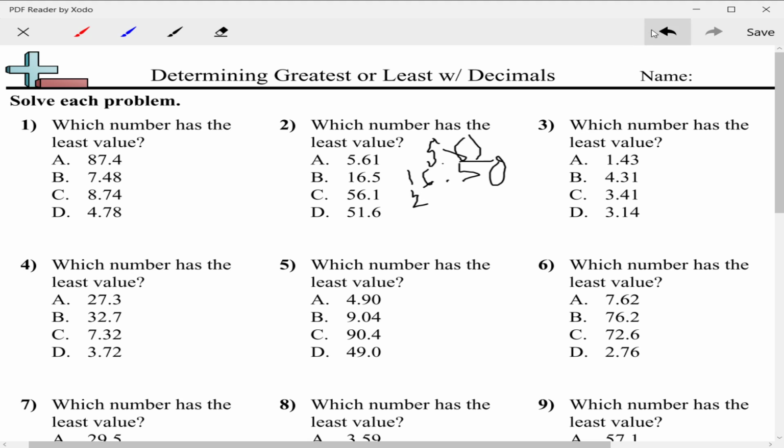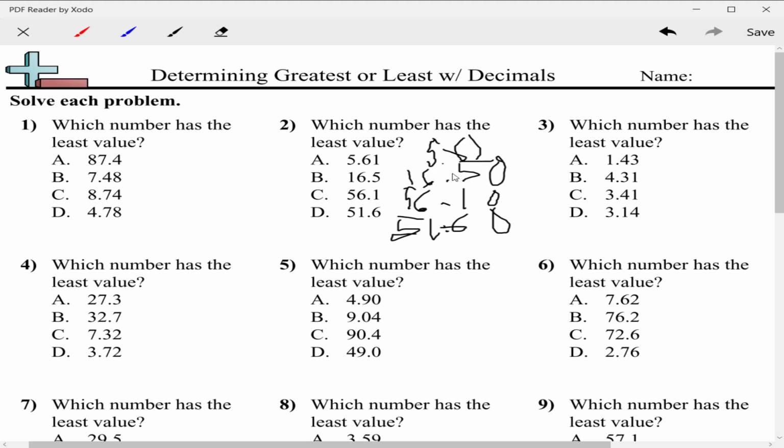Okay. And then line up this 56.1 and then 51.6. So the easiest way to compare decimals, really, the value of them, is to line up the decimal, okay?